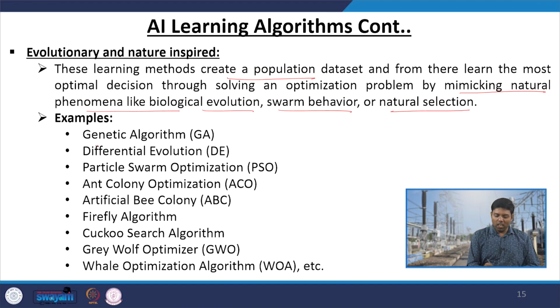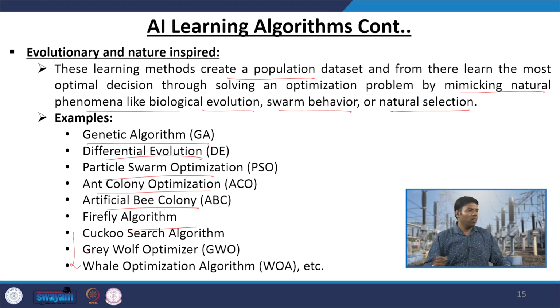So, generally we use genetic algorithm, that is a very good method. Differential evolution, particle swarm optimization, ant colony, artificial bee, firefly, and so on. There are so many evolutionary algorithms, and researchers are still developing them to get faster convergence.